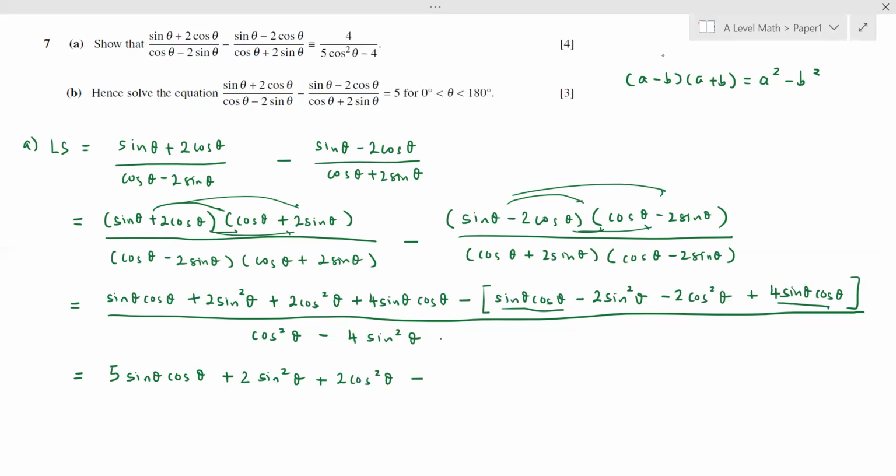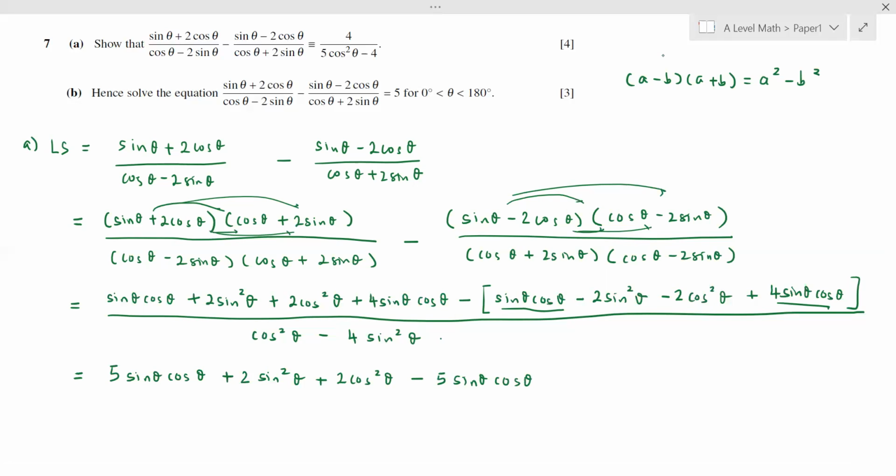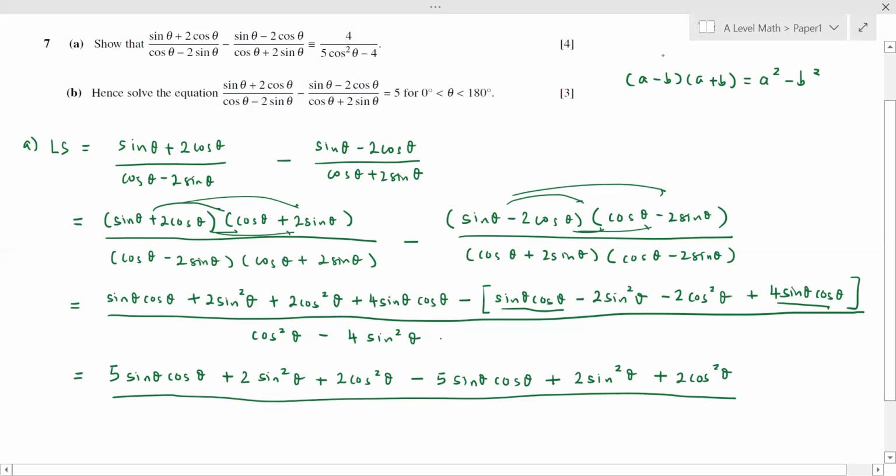That is 5 sine theta cos theta. So we have minus 5 sine theta cos theta. The negative and the negative gives us positive 2 sine squared theta. And we have positive 2 cos squared theta. All over all that.